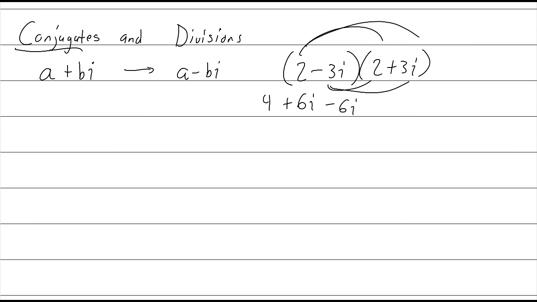Negative 3 times positive 3 is negative 9 i squared. And of course, i squared is -1, so that turns into a positive 9. And so 4 plus 9 is 13. Those two cancel out. That's the whole benefit of a conjugate. So we can use that to divide and get nice answers. So let's do that.